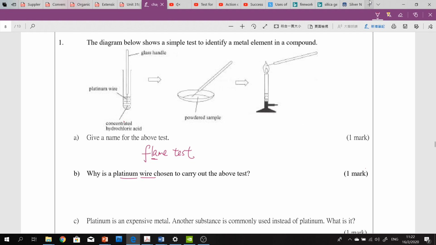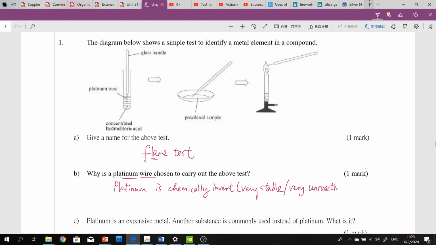It is because platinum is chemically stable, or we will call that chemically inert, very stable, or very unreactive.